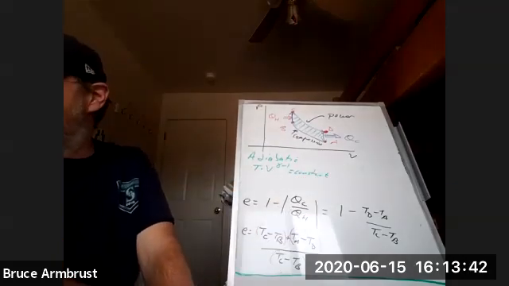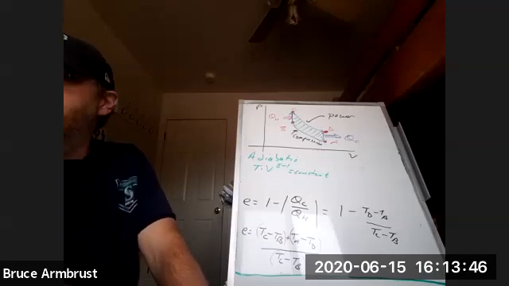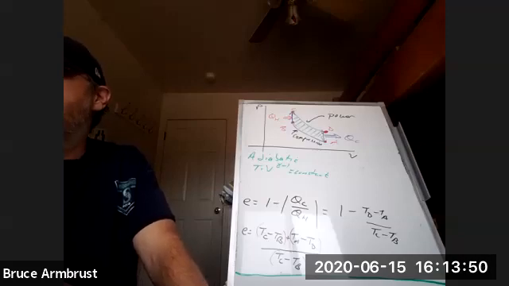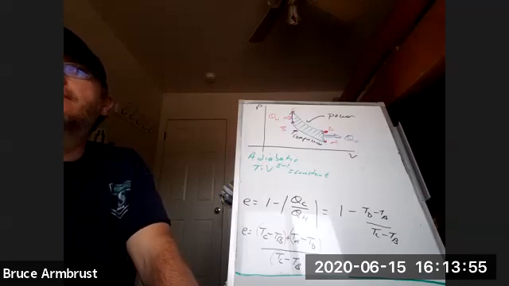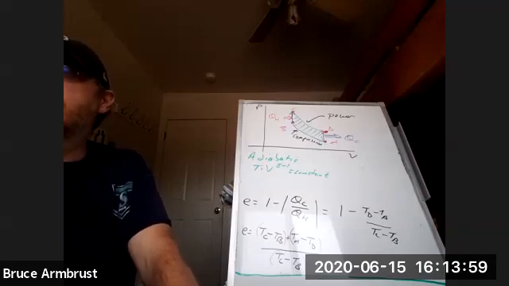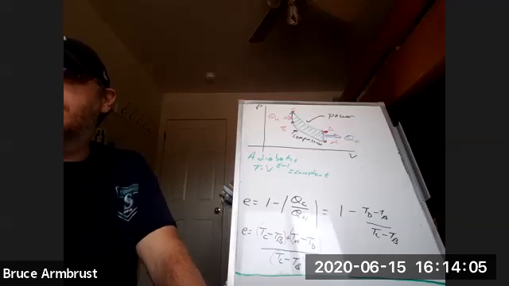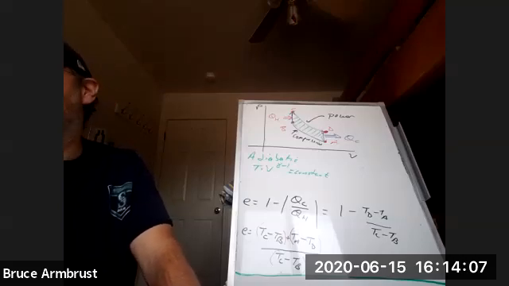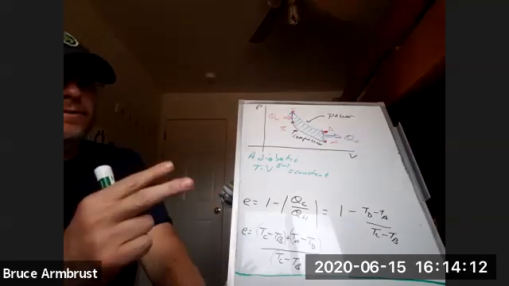So T is temperature, V is volume, and then gamma, I don't know if you remember what that was, but that's a ratio of the two molar specific heats, the constant volume and the constant pressure. And it's going to depend on what kind of gas you have, monatomic versus diatomic versus polyatomic. All right, so it's a property of a gas.